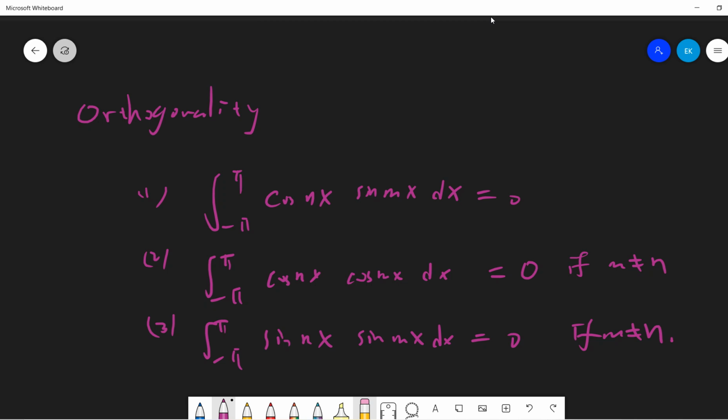And for this one, it holds for any n and m, basically for any integers n and m. Okay, so the proof is very simple. I think I will only prove this one.